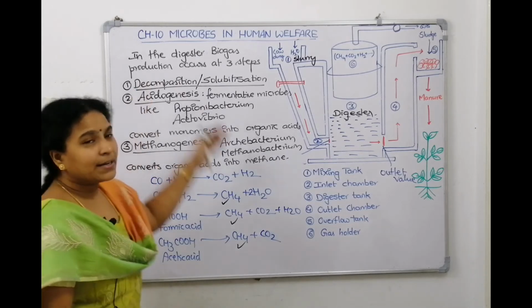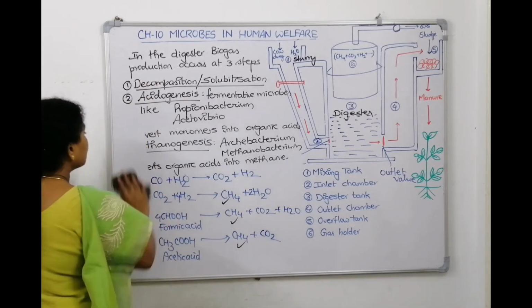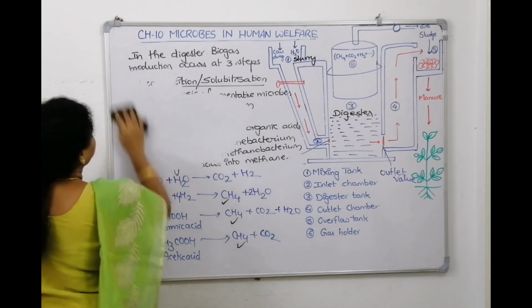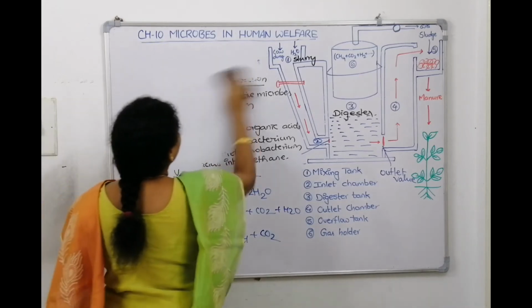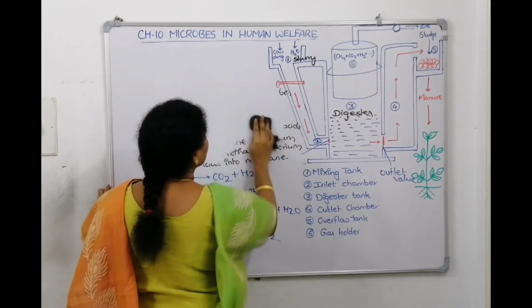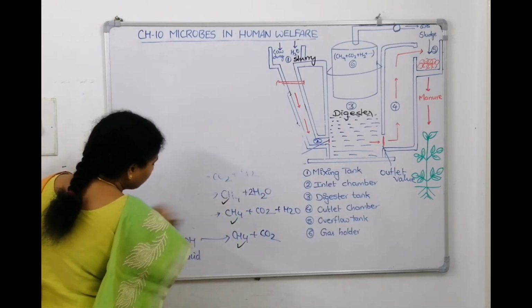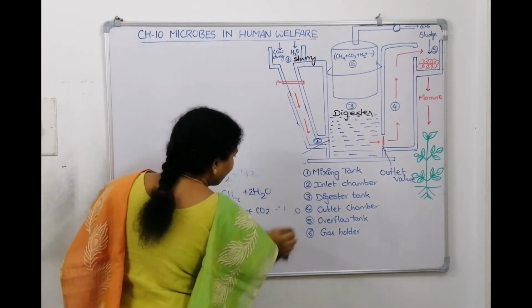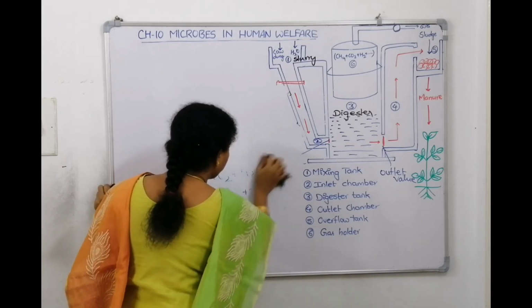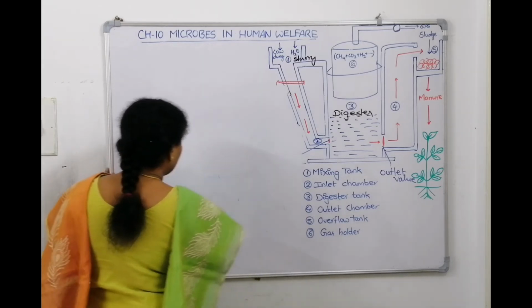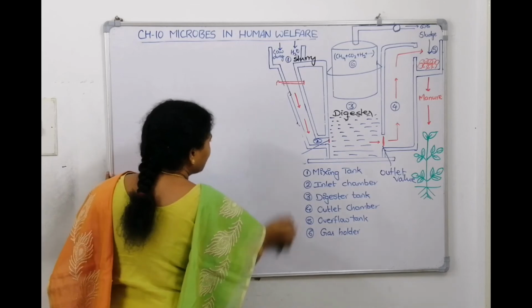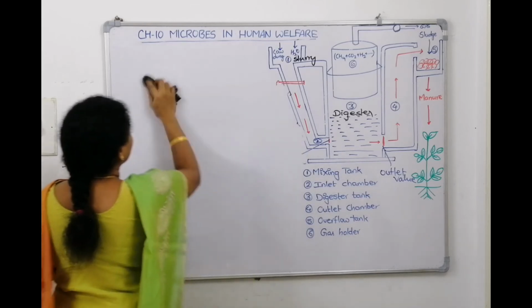Right? So hope you understood the process. Now let us see the significance of biogas. Now from where are we generating biogas? We are generating biogas from cow dung. Earlier in villages, when they didn't know this technology, they used to make cakes from the cow dung and burn it. And when you are burning it, how much air is getting polluted, how much smoke gets generated, right?